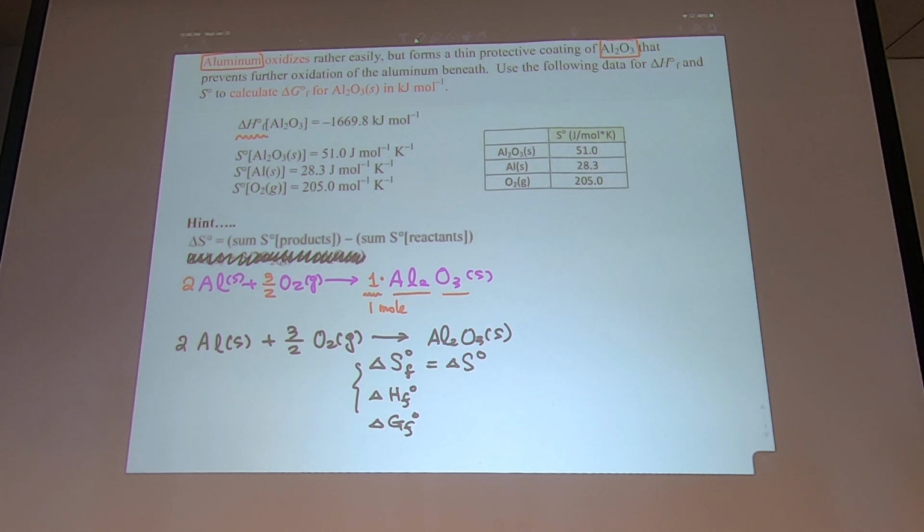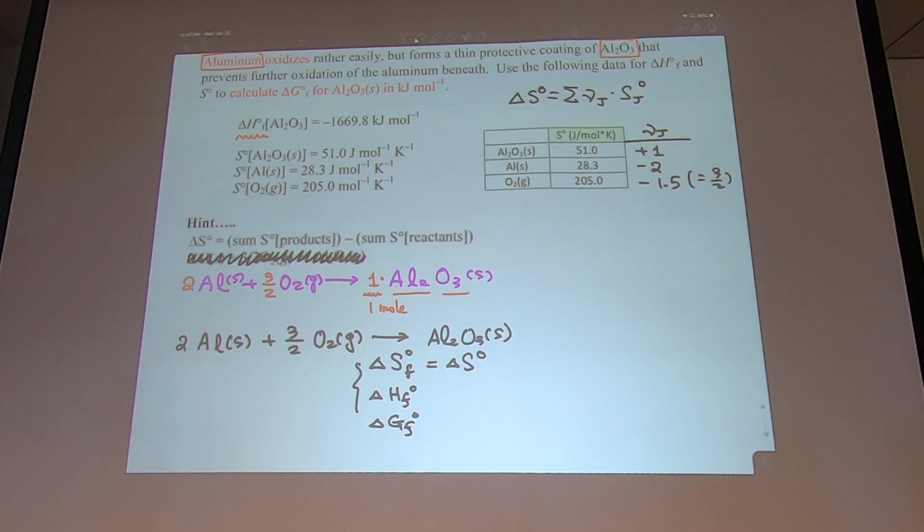I remember delta S naught is essentially the sum of each coefficient times the entropy, summed over reactants and products. For me, this is a +1, this is a -2, and this is a -3/2, we call it 1.5 if you want.